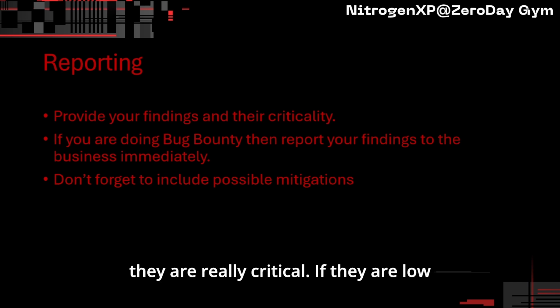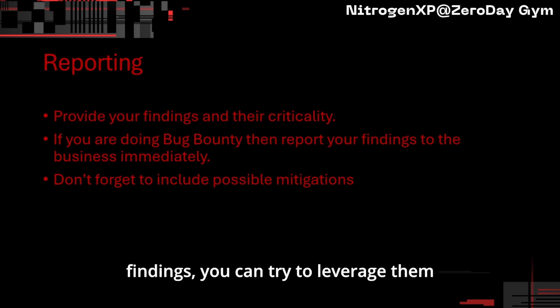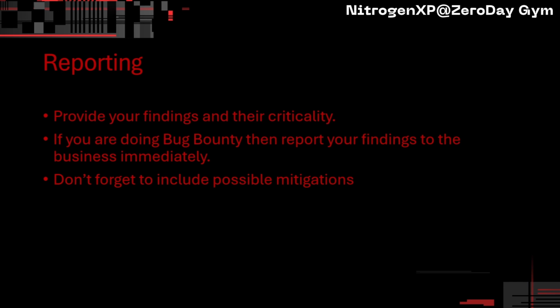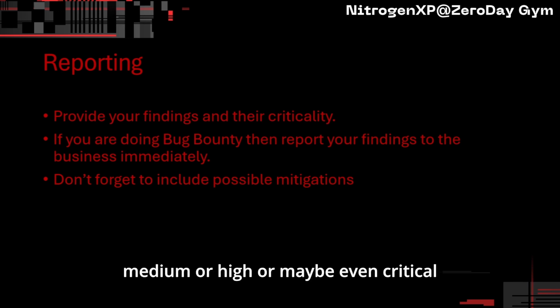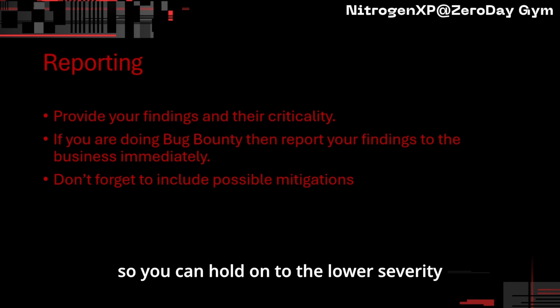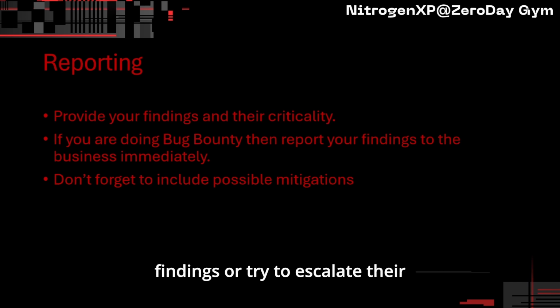If they're really critical, report them right away. If they're low findings, you can try to leverage them and escalate them to medium or high or maybe even critical. So you can hold on to the lower severity findings or try to escalate their impact. And also, don't forget to include possible mitigations for your findings, because most companies like to actually reward you for including mitigations.